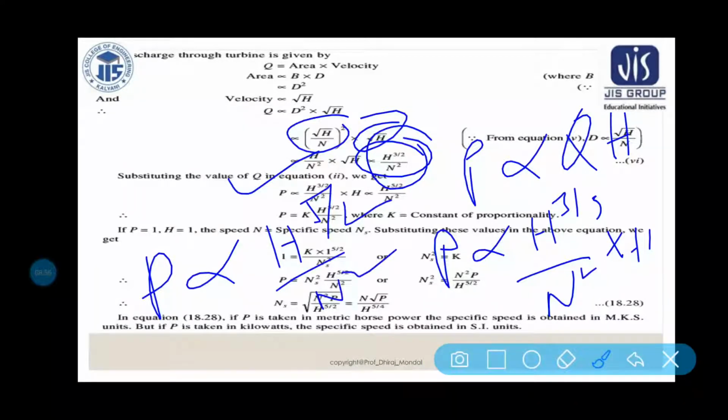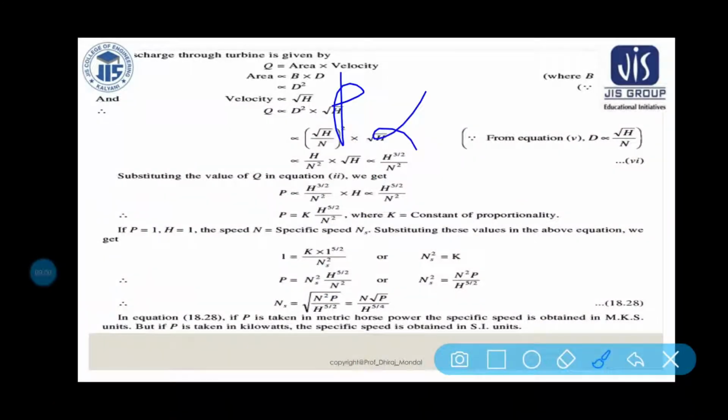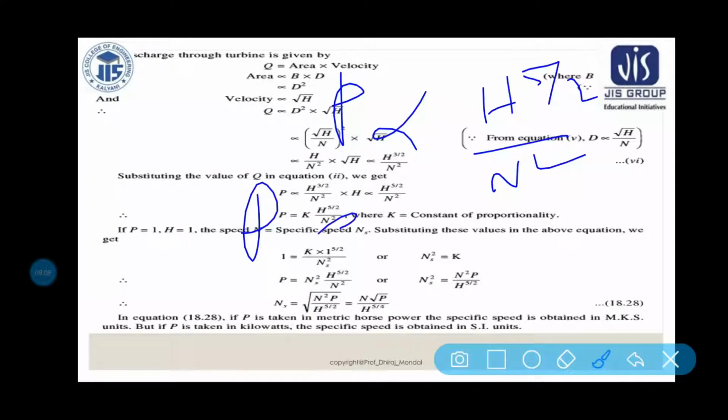Can I write this? So if the power p is proportional to h to the power 5 by 2 by n square, then if I am just changing the proportionality, what can I write? P is equal to k. When you are removing the proportionality, you have to take a constant, that is your k, into h to the power 5 by 2 by n square.